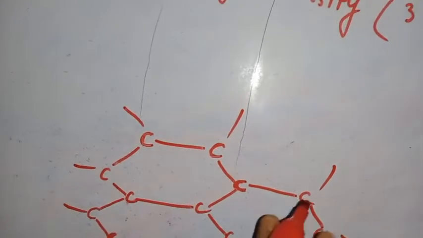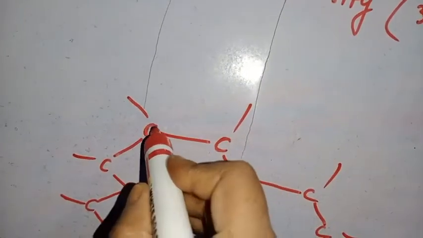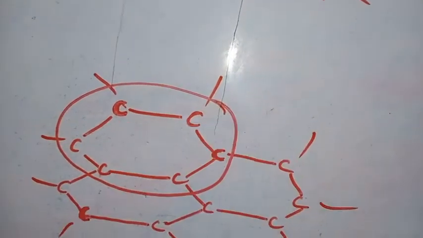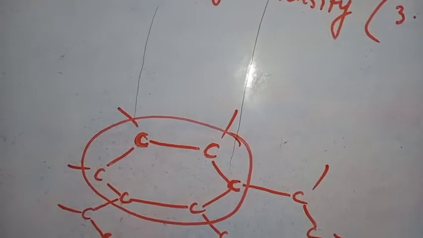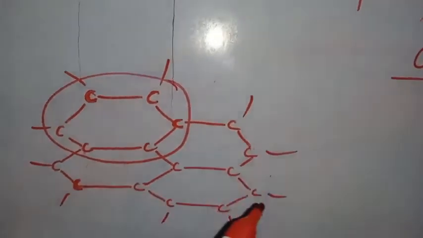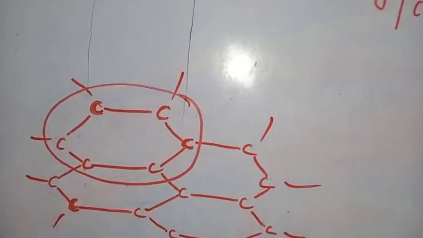In the same plane to form a hexagonal ring. This is what a hexagonal ring, as you can see. This is one hexagonal ring, this is one hexagonal ring, and these hexagonal rings are not isolated, but they are like the fused rings.